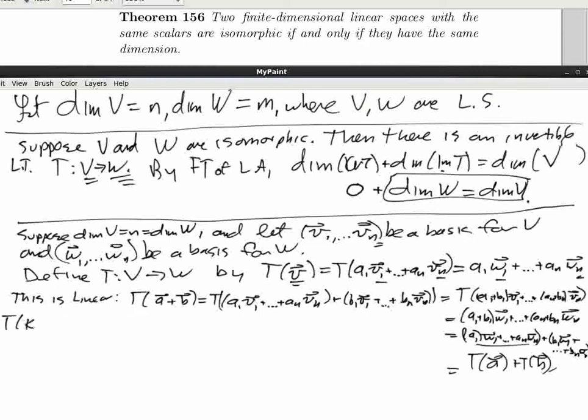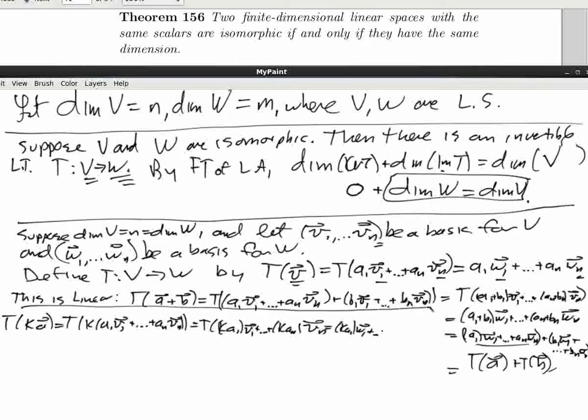Also, let K be a scalar. T of K times (A1 V1 plus dot dot dot plus AN VN), distribute a K through, is T of (K A1 V1 plus dot dot dot plus K AN VN), which equals K A1 W1 plus dot dot dot plus K AN WN when I get rid of the T. I can factor out a K, K times (A1 W1 plus dot dot dot plus AN WN).